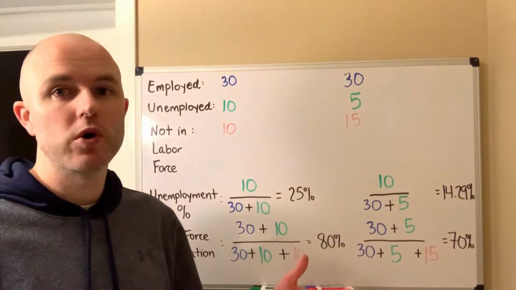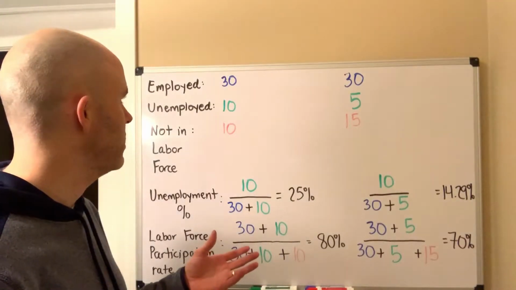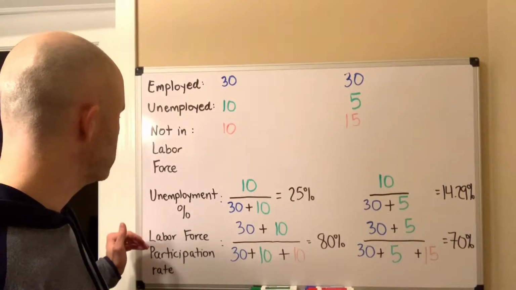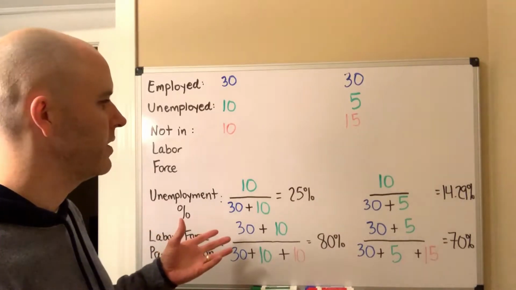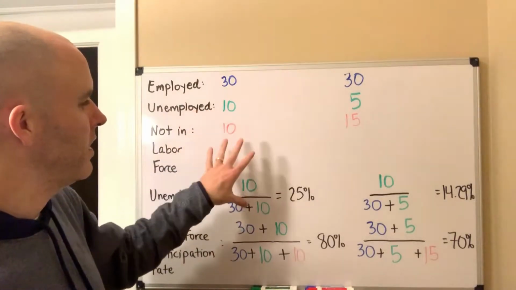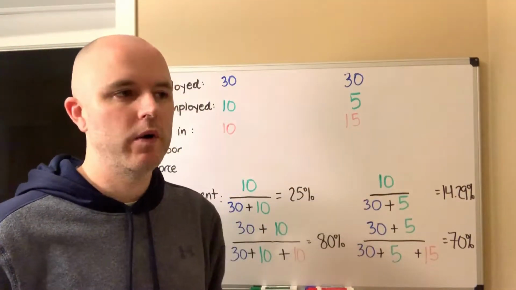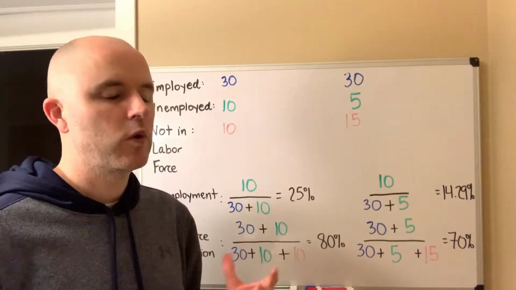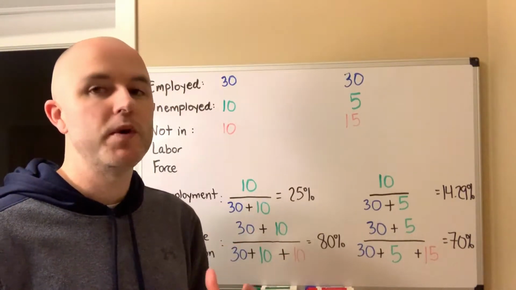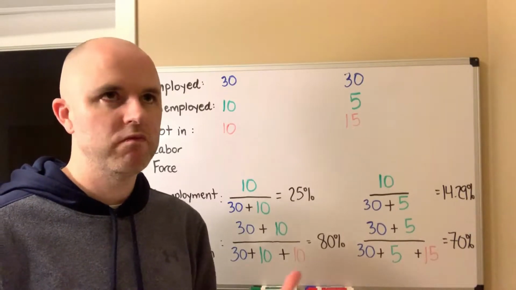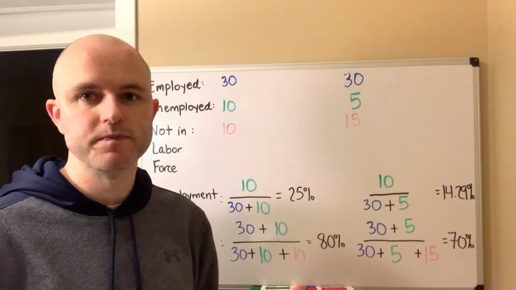I'm going to show how the unemployment rate and the labor force participation rate are calculated. So I'll do that in this example. In this example here, I'm going to show how one could potentially manipulate the numbers to depict a favorable sort of outcome.